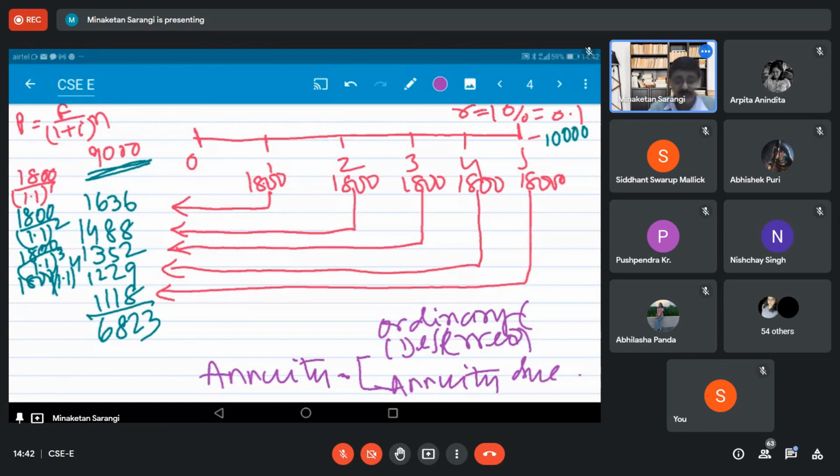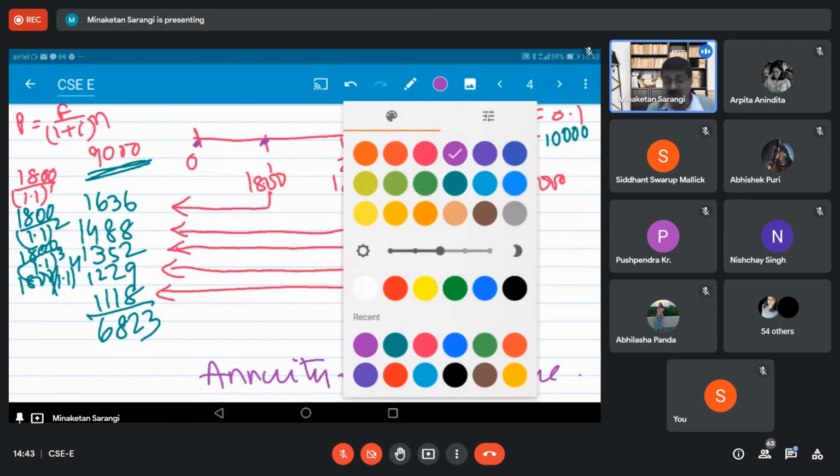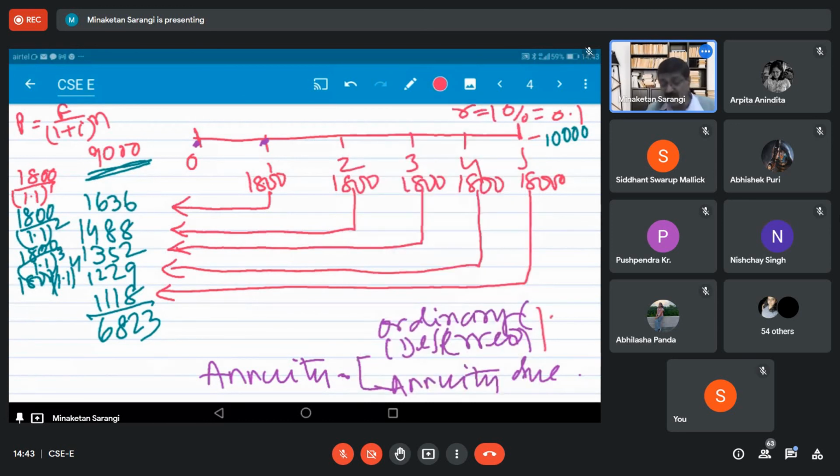This 0 is the beginning of the year. 1 is the end of the year 1 and start of the year 2. So when you are paying this 1800 at the end of the year, when annuity is paid at the end of each period, then we say this is the ordinary annuity. So annuity paid at the end of the period.